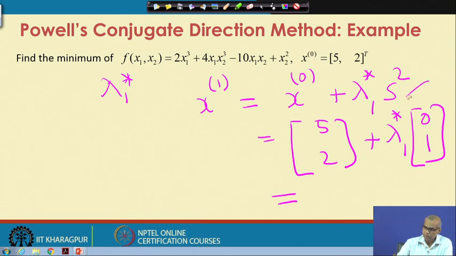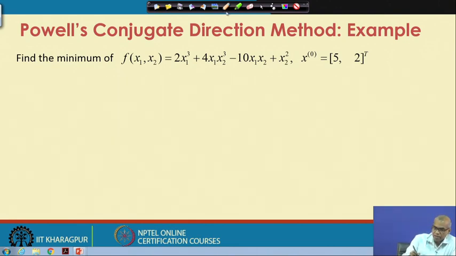You put the numerical value of lambda 1 star as you have found optimally in the previous step, so you get the value of x 1. Now, once I have x 1, I will perform a search along S 1. I do the same thing.